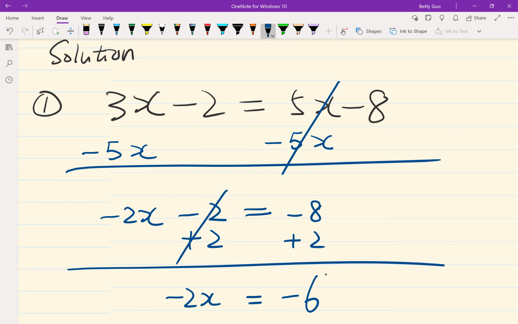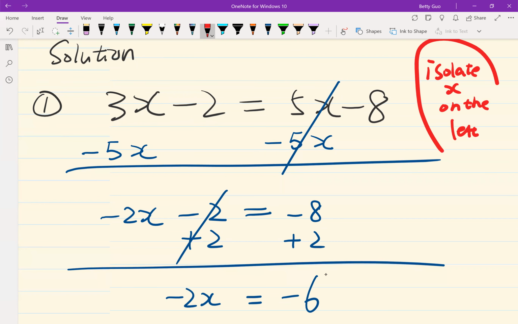One more step to isolate x. Of course, the goal is still to isolate x on the left, but it takes more steps than the examples we saw in the earlier section. We are not done yet. x is not isolated yet.